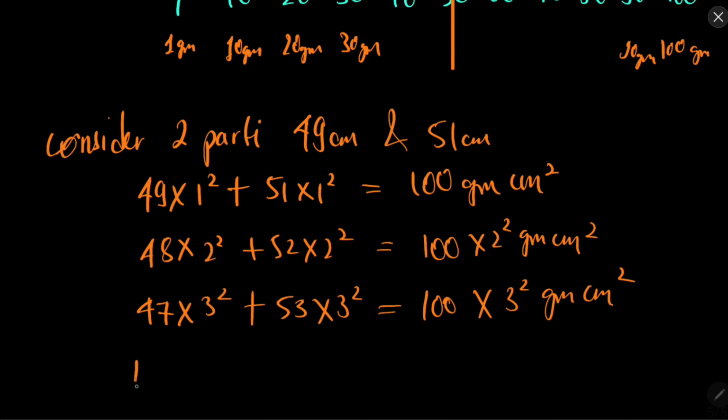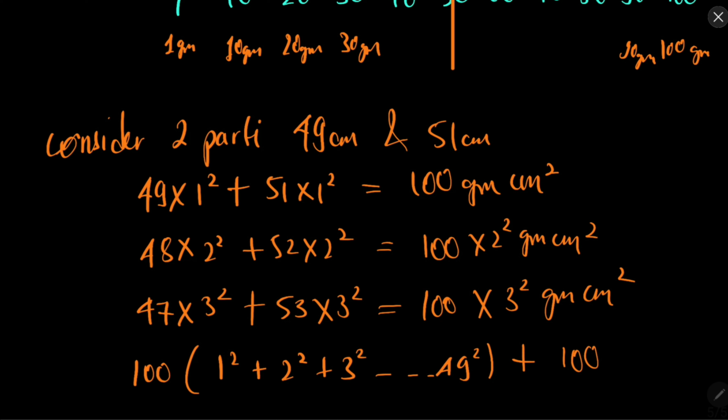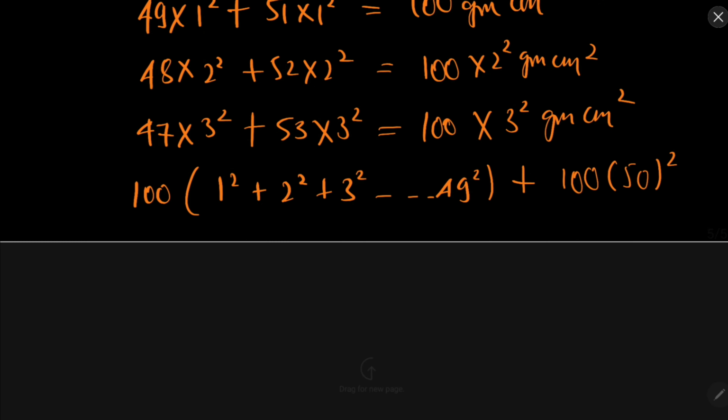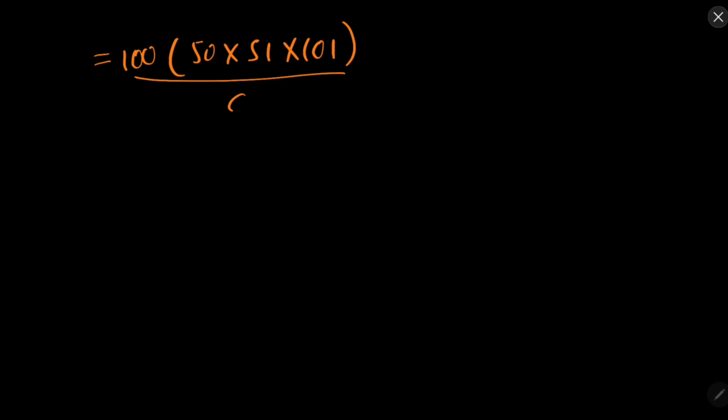So what you will get is 100 common, 1 square plus 2 square plus 3 square up to 49 square, and one more is of the 50th one. So what do we have? 100 into 50 into 51 into 101 divide by 6.